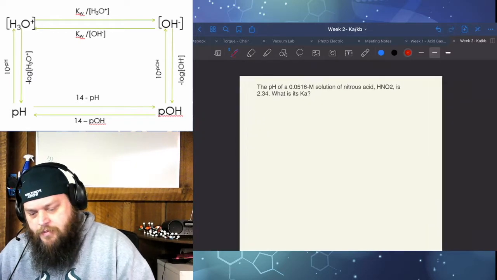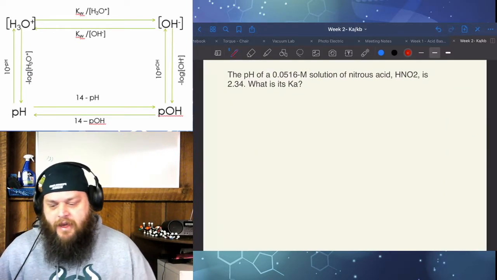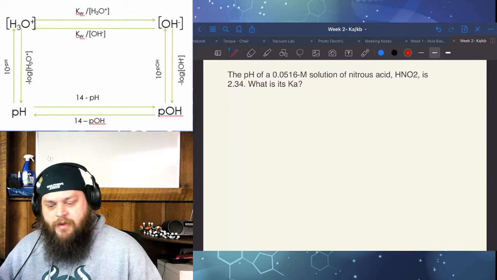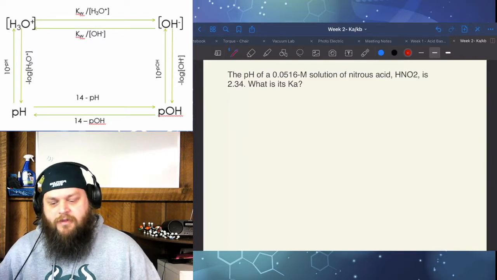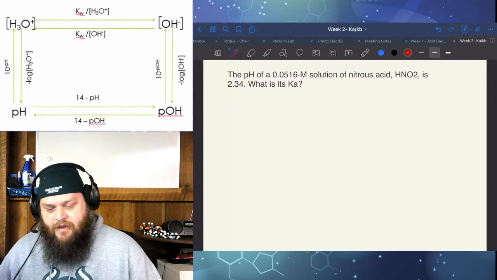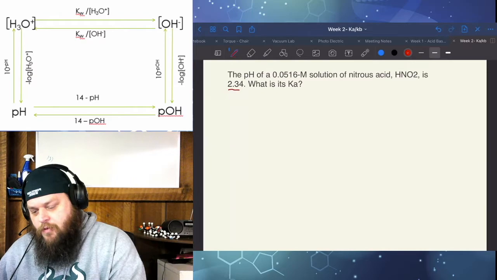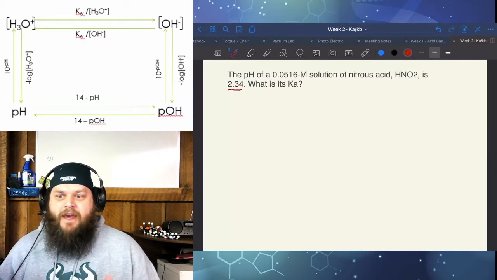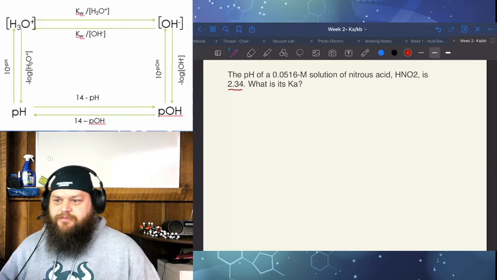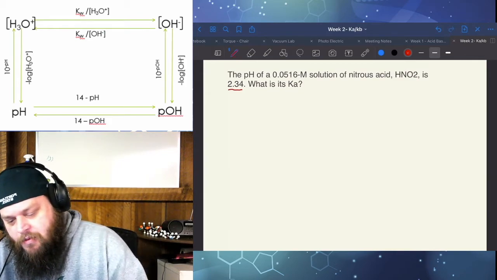Let's go here. So this is asking what is the pH of a 0.0516 molar solution of nitrous acid, which is HNO2, and they're saying the pH is 2.34, and they want to know what its Ka value is. So I'm going to write that reaction out.